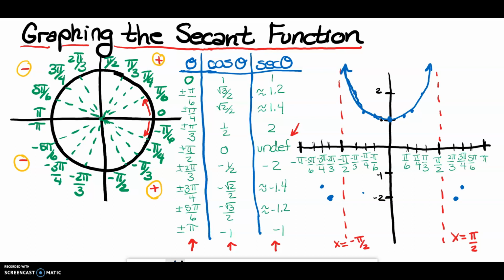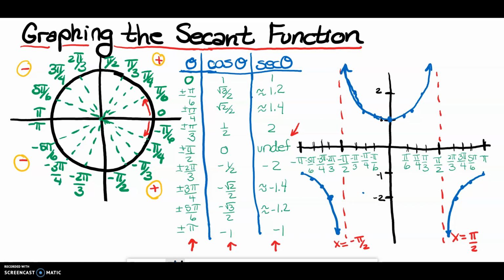When I take the reciprocal, that's approximately negative 1.2. And at positive and negative pi, I have a value of cosine that's -1, so its reciprocal is also -1. So when I draw in these portions of my graph, I get just half of one of those parabolas.